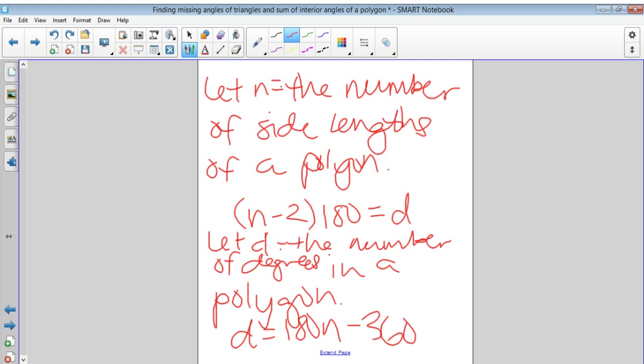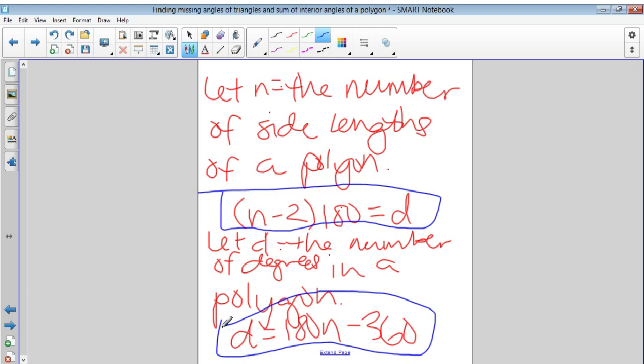But typically we use the other one, though I think it's important to note the overlapping of the geometry with the algebra here. So now we know there must be a linear relationship between the number of side lengths in a polygon and the number of degrees of their angle measurements. It's very interesting.